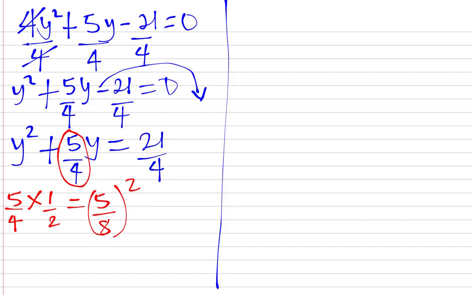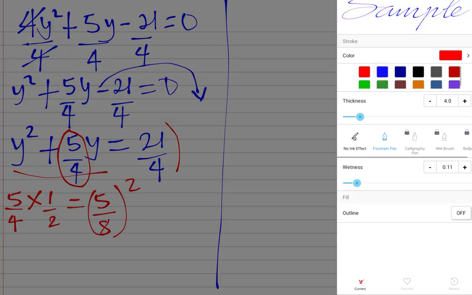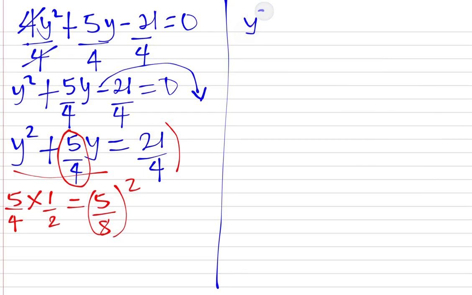Then you will add it to the left hand side, and you will also add it to the right hand side. Are you seeing that now? So that will now become y squared plus 5 over 4 y plus, what's our answer that we got when we did the square of half? 5 over 8.